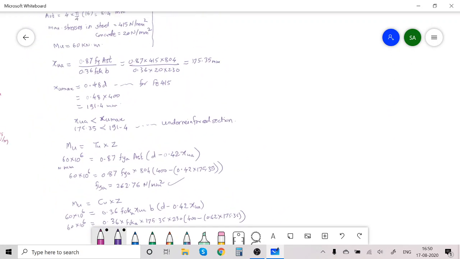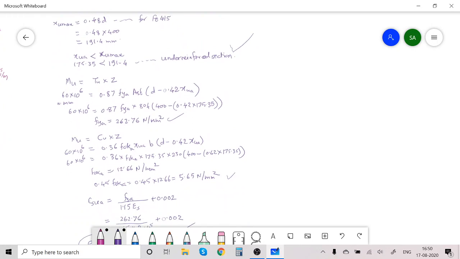What we did, we first checked whether the beam is under reinforced or not. Then we equated the actual Mu to Tu into Z and then found the stress in steel. Then we equated Mu to Cu into Z. Then we found the stress in concrete.